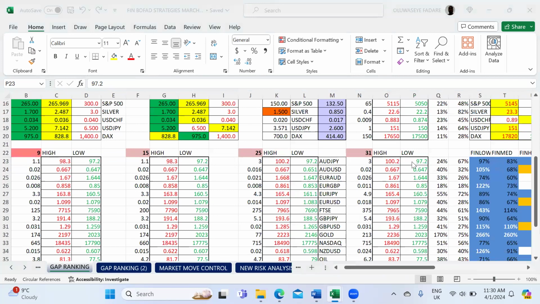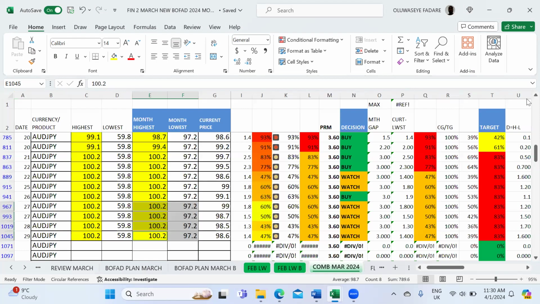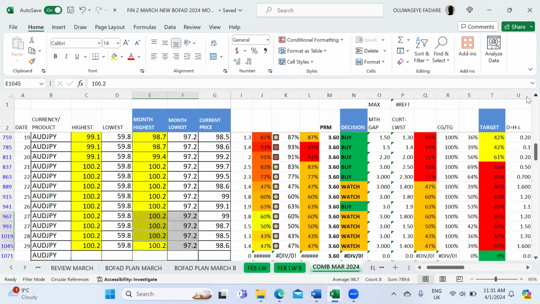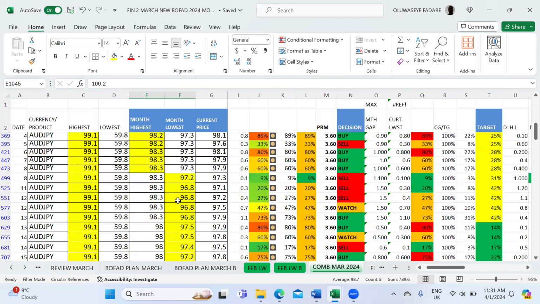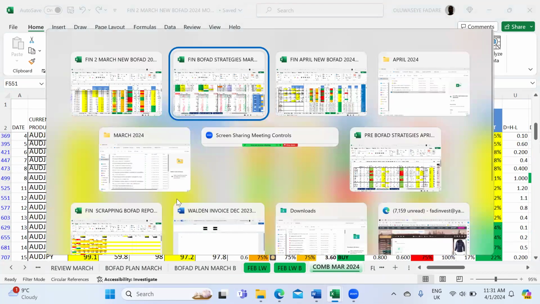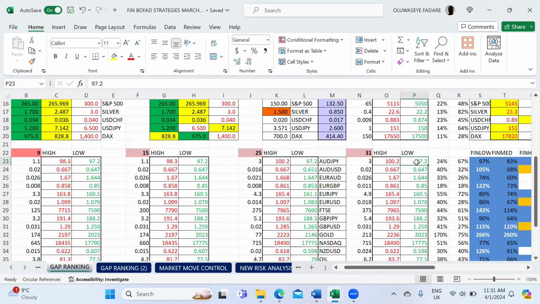But here, because in the first phase we already had a low of 96.8, we are going to change our low here to 96.8, not 97.2. So our lowest for the month is 96.8, as you can see here, and our highest for the month is 100.2. So that's how we are able to get the data that we used here.